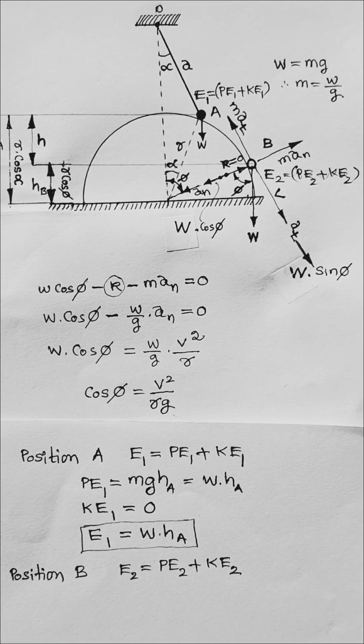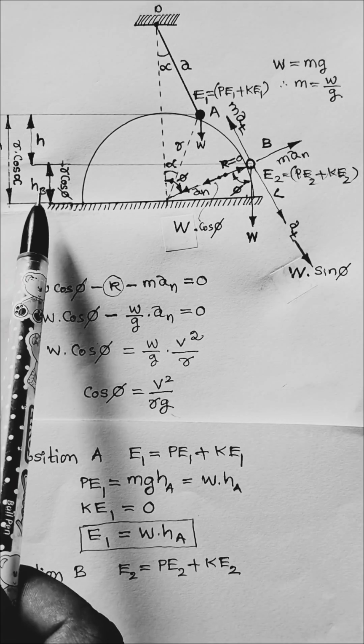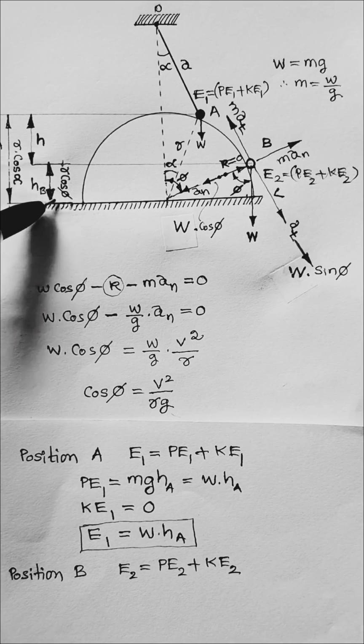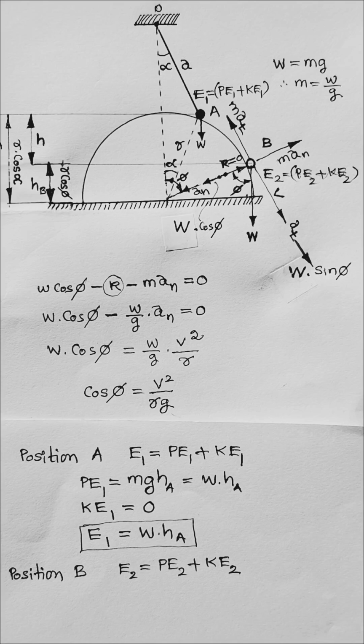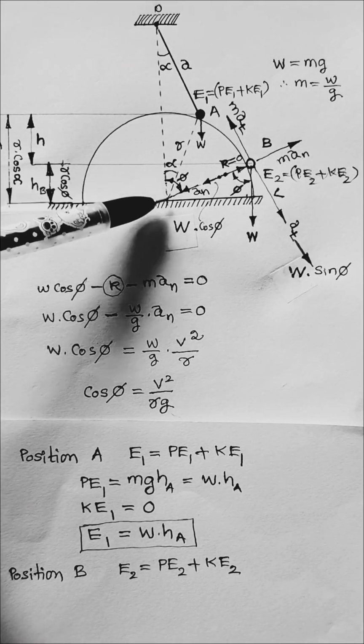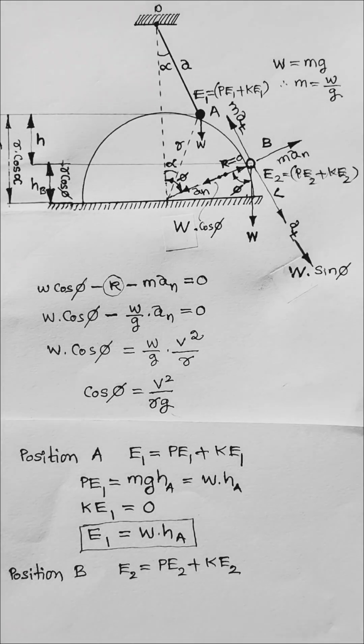Then after we can estimate potential energy at position 2 at B. It also follows the vertical height above the ground up to B. It is indicated as HB. HB exactly equal to R cos pi. Using this right angle triangle, this radius is making pi angle with this vertical line.